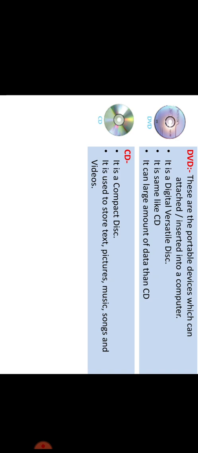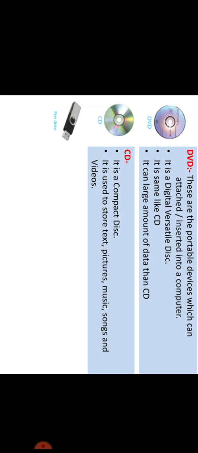We can also store pictures, our pictures and other pictures, into the CD. We can store music, songs, videos. All this information we can store on the CD. So CD is called a compact disc and DVD is called a digital versatile disc. Got this meaning? Very good.